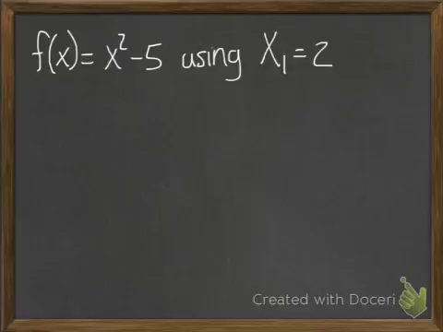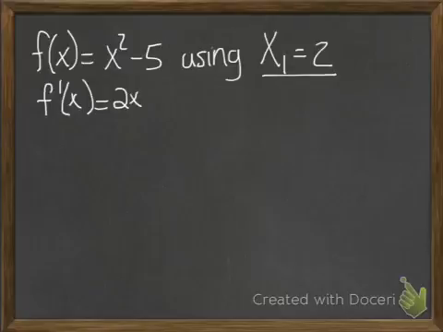First thing we need to do, of course, is take the derivative of the function. That way it's easier to plug into the formula. So we have 2x being our derivative. And we also have the initial guess, the derivative, and the regular function.